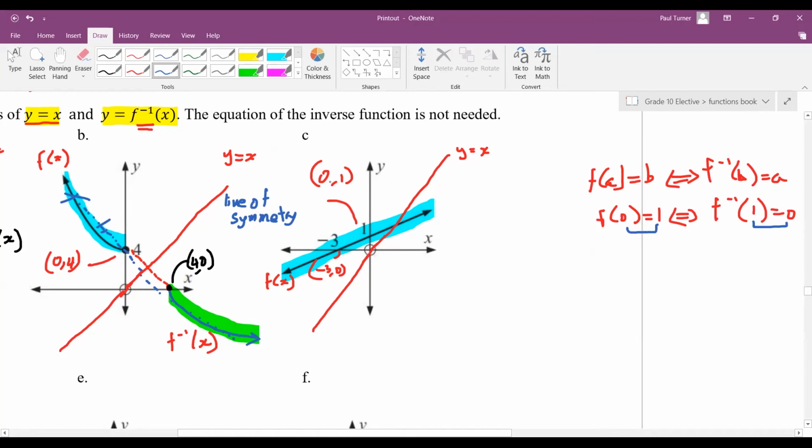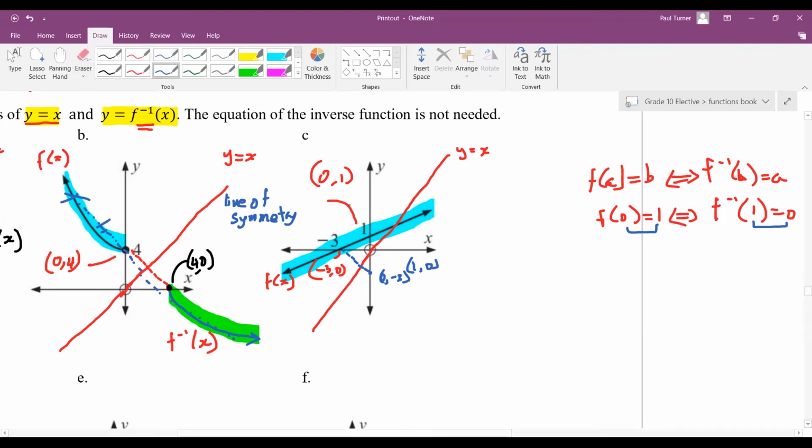Okay, so 0, 1 would become 1, 0 here. -3, 0 becomes 0, -3, which is down here somewhere. So come across here, and your graph will be here. It should actually pass through that point.